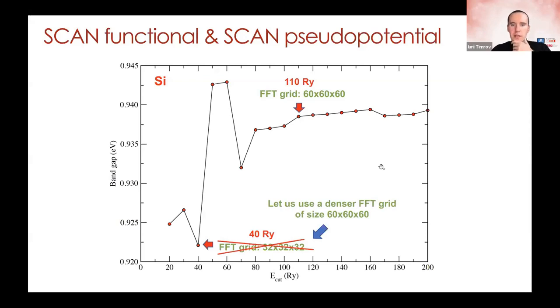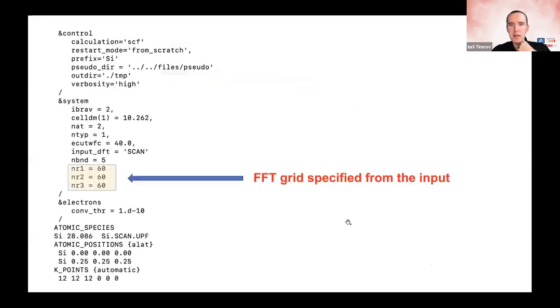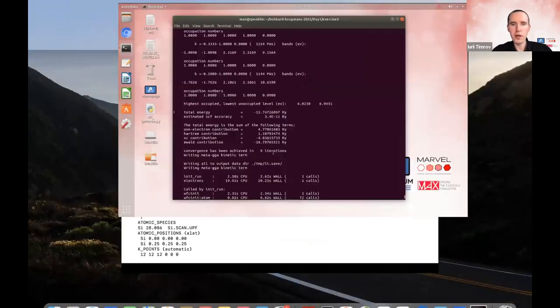So what we can do is to use the 40 Rydberg cutoff, but with an FFT grid different from the default one. We use the 40 Rydberg cutoff and the grid corresponding to the converged cutoff, which is 60 by 60 by 60. To do that, in the input file we specify the cutoff energy of 40 Rydberg, and to specify the FFT grid we use the keywords nr1, nr2, and nr3. This is the size of the FFT grid.